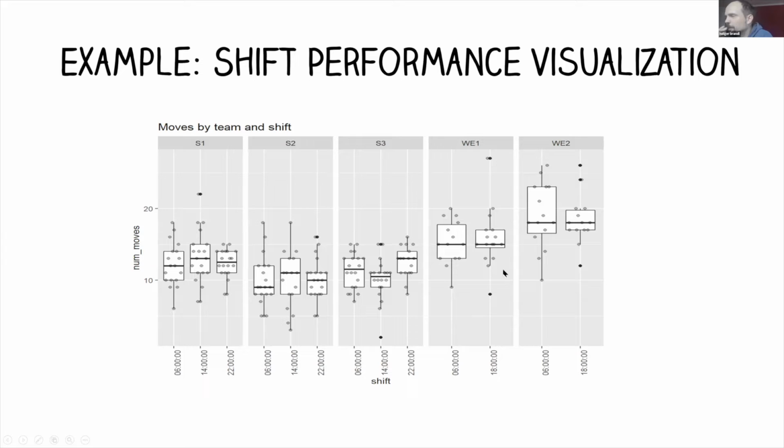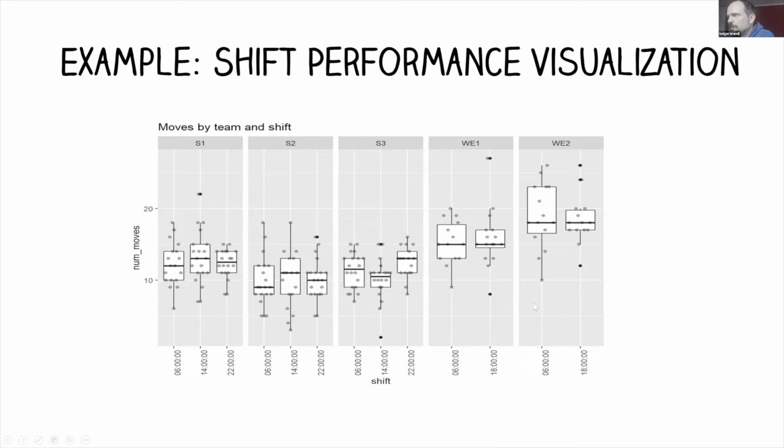Probably. Yes, sure, it was a bit brief. As I said, every panel here is a different team. We have the teams S1, S2, S3, and the 2 weekend teams, weekend team 1 and weekend team 2. In this particular production area, they have a different shift schedule. During the week they do 8-hour shifts, but during the weekends they do 12-hour shifts.